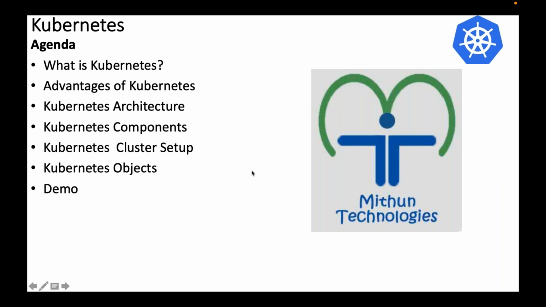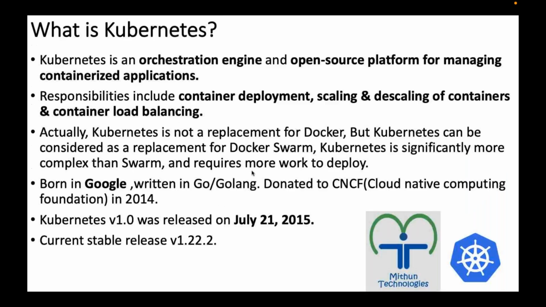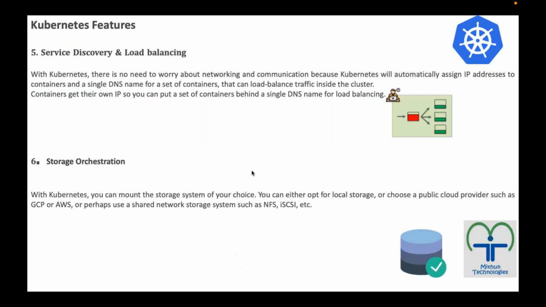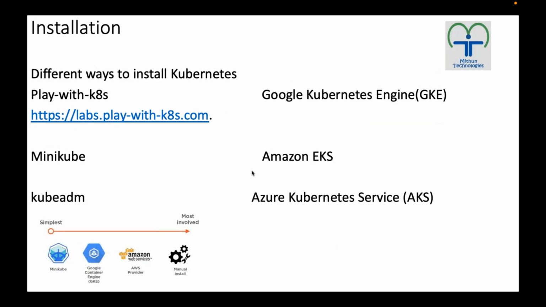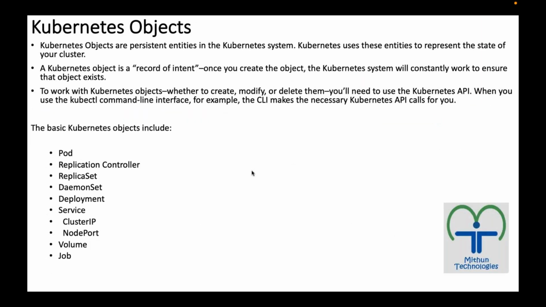So in the last two sessions, we discussed what Kubernetes is and its architecture, what are the components in the master, what are the components in the worker. Now, we'll try to understand the Kubernetes components, how we can deploy applications in Kubernetes.